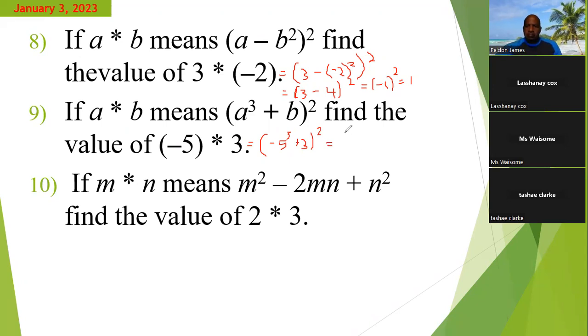What do you get for negative 5 cubed? Negative 125. All right, so that's negative 125 plus 3, into negative squared.